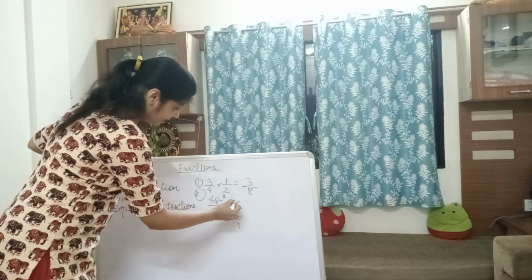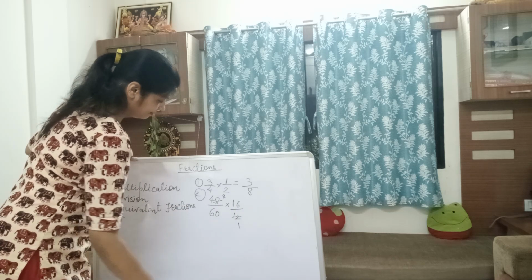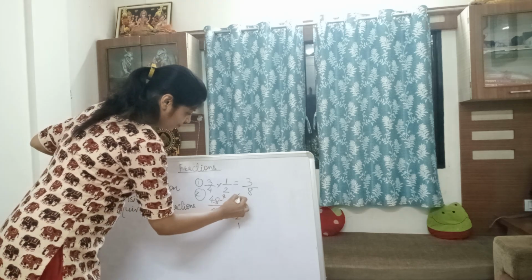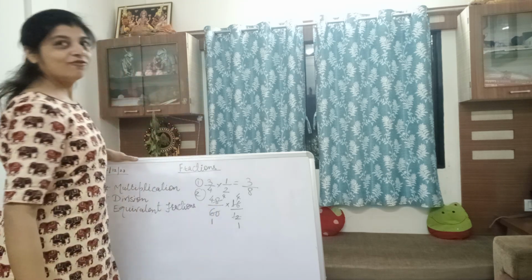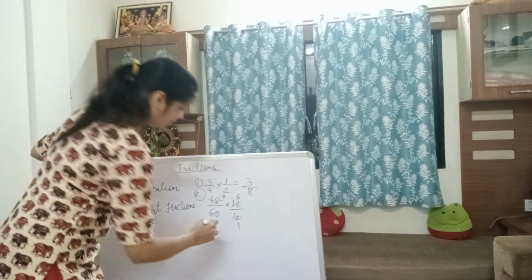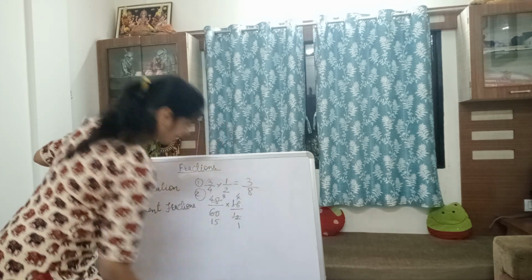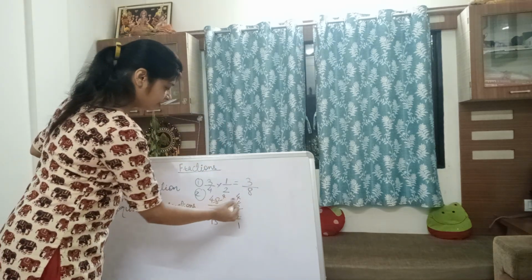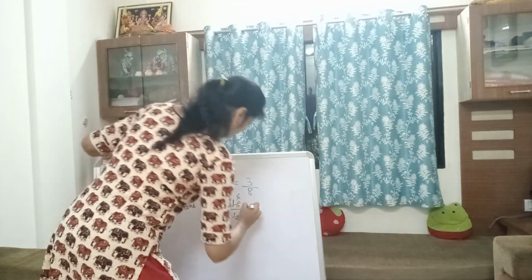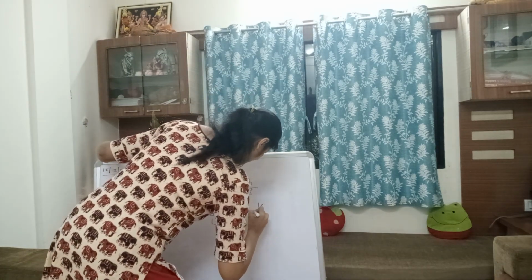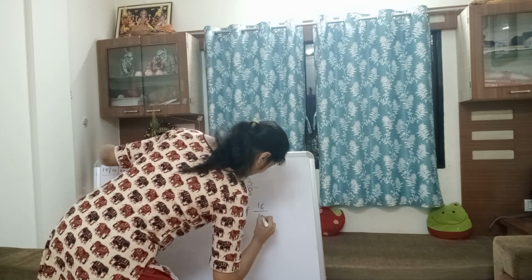Now I can divide this by 4 also. 4 fours are 16, 4 ones are 4. 4 fives are 20. Now can you reduce further? No. This 4 into 4 and 15 into 1, can you do it? No. So 4 into 4 makes 16 upon 15 into 1, 15.